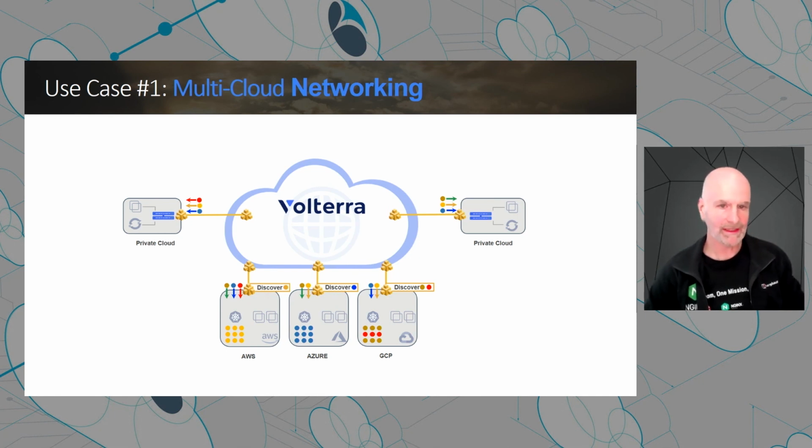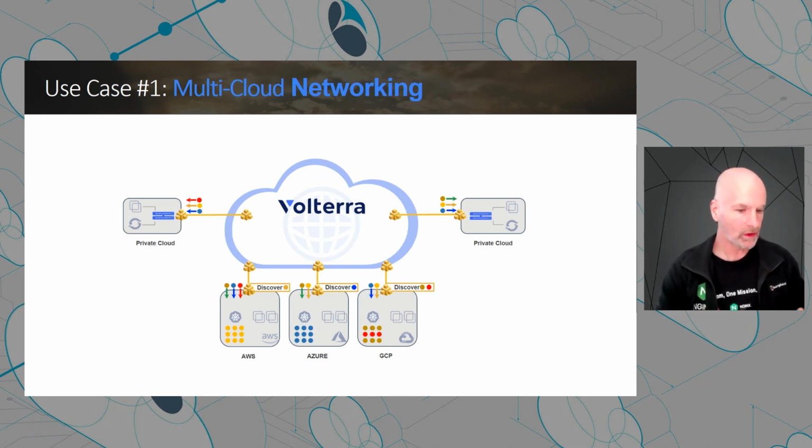The cost of interconnect bandwidth I mentioned, we're about a tenth of the cost, but it's also abstracting away all of the complex stitching that you need to deliver your applications to the internet: the public IP addressing, the routing, security groups. We can completely replace all the security groups. When you deliver a Volterra node into your environment, it will consume all of your security groups. It will modify your routing so that your routing now goes out via the Volterra node.